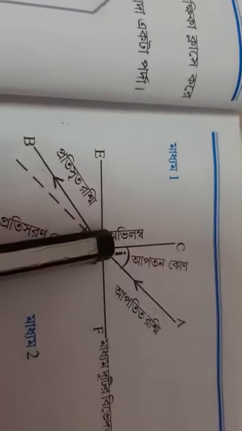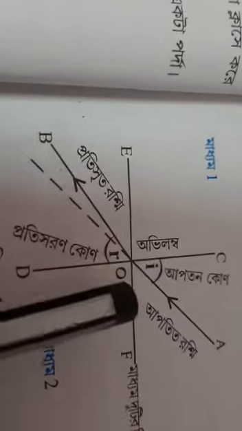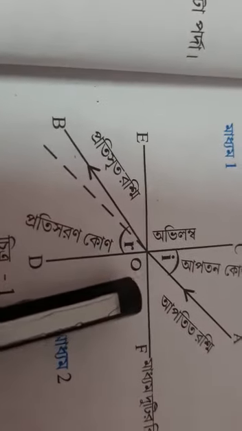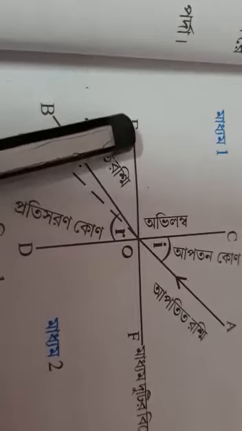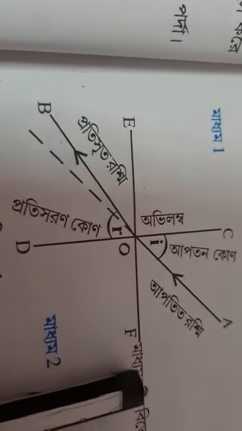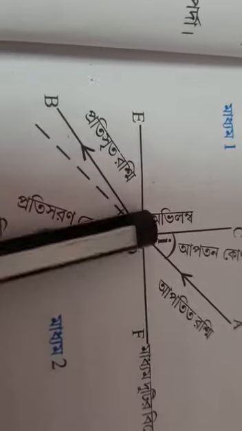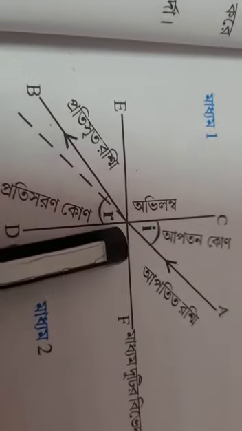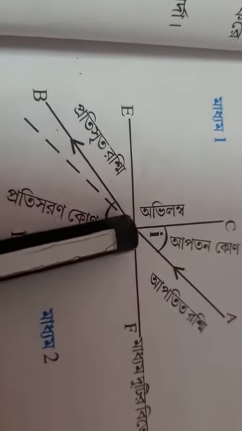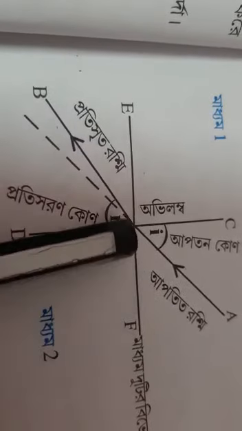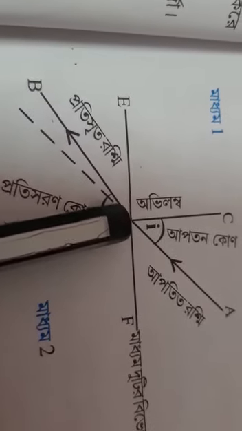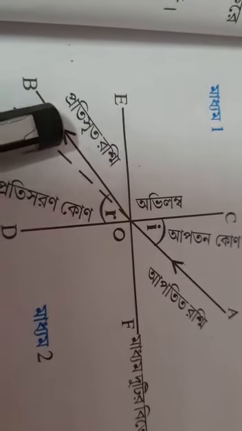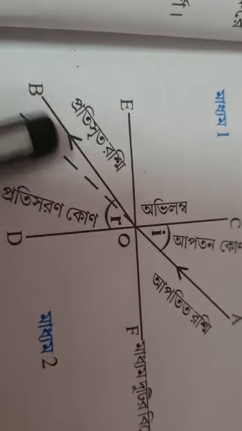Once again this is the incident ray, and this is the refracted ray, and this is the point of incidence, marked by O, and this line is the separation surface, the EF line, on which at point O this incident ray falls and gets refracted to the second medium through this path.